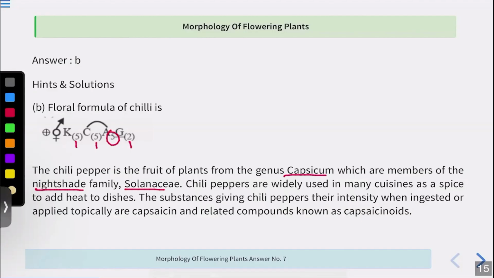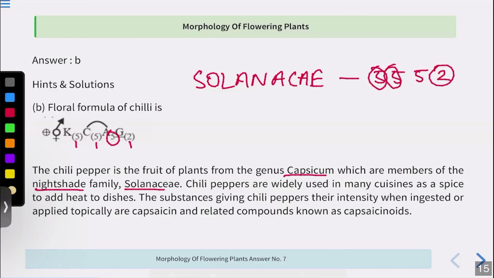So the trick is for Solanaceae, how to remember the floral formula. 5, 5, both are attached, 5 free and 2 attached. So only the male or the androecium is free. That is the trick. Free male. Rest others are attached, but the male is totally free. That is how you can try to remember the floral formula of the family Solanaceae. Because bisexual, actinomorphic, and all of this are just regular.